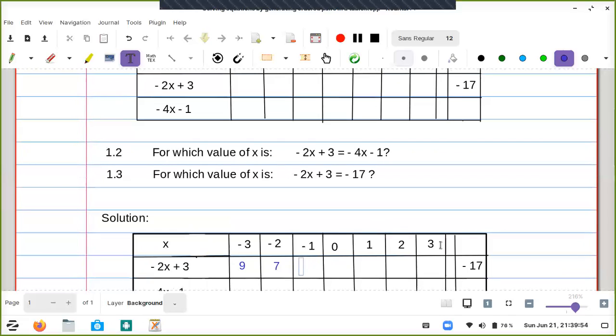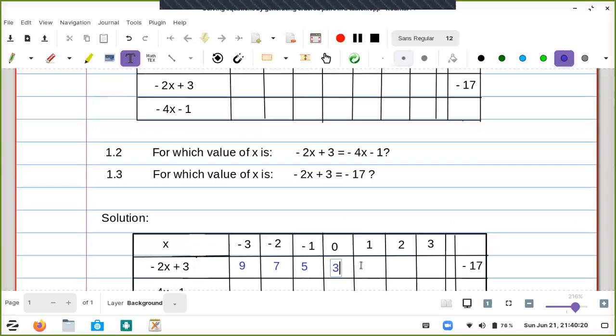So there's a pattern here, which means I can then make use of that pattern now. Because here it started from 9 to 7. I subtracted 2. From 7 to 5, I subtracted 2. So I can continue with the pattern now, making use of the idea of patterns, right? So 5 minus 2, 3.